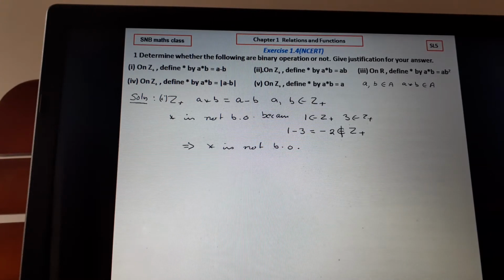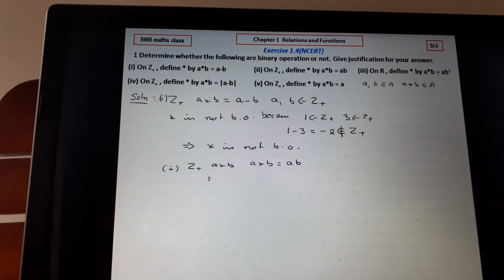Same way we can decide whether it is binary or not for the second one. Second question, see, it is also on Z plus only. On Z plus, A star B is defined by A star B equal to AB. So definitely it is binary because for any two positive integers A and B, the product of two integers is always positive.